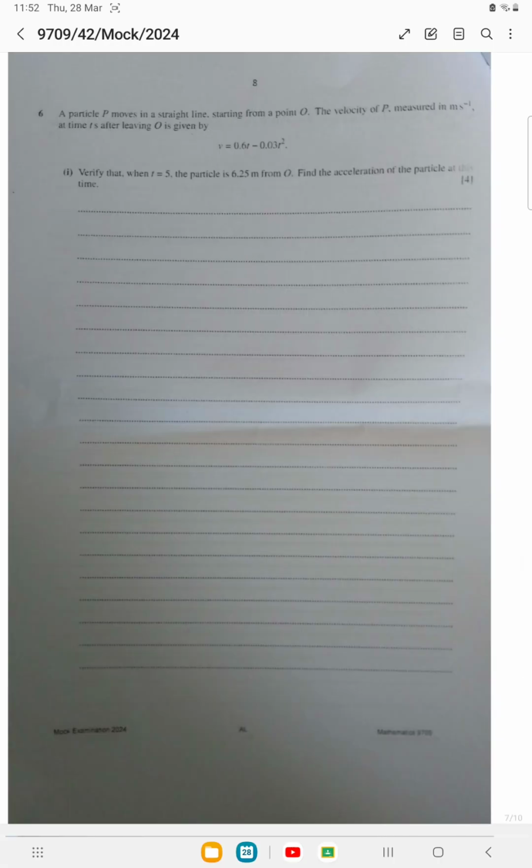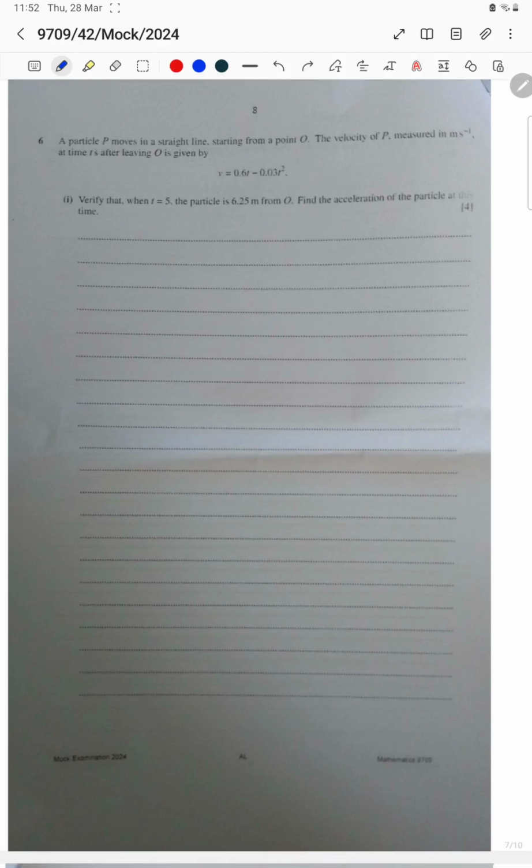In question number 6, it is stated that particle P moves in a straight line starting from point O. The velocity of P, measured in meter per second at time t after leaving O, is given by this. Fine. Verify that when t is equal to 5, the particle is 6.25 meter from O. It means this is the distance.